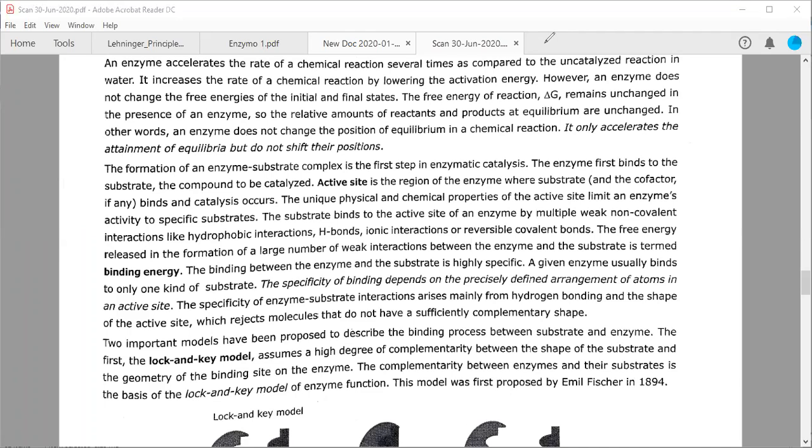Okay, so for now, if you move to page number 115 in your 7th edition Pathfinder 1. So the catalytic constant kcat value can be represented by K2.